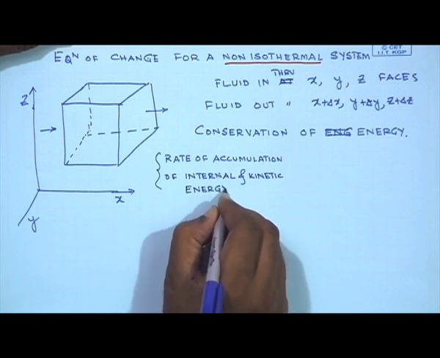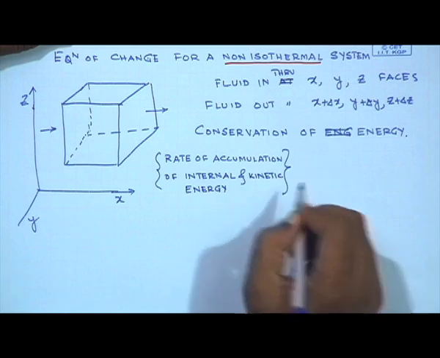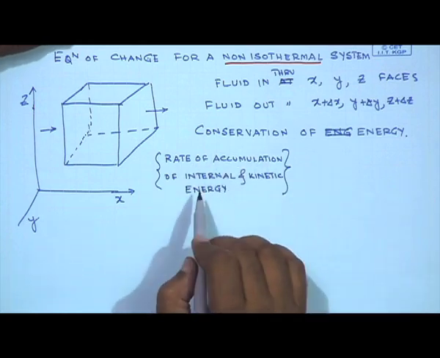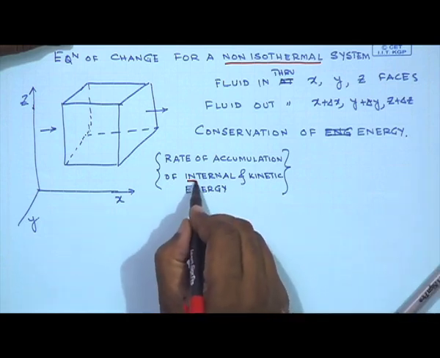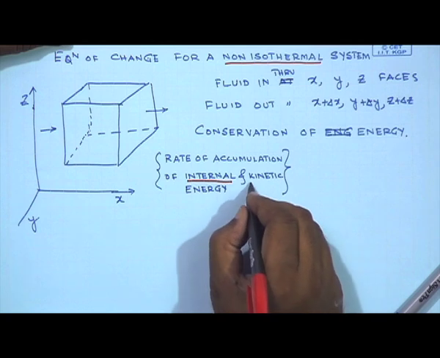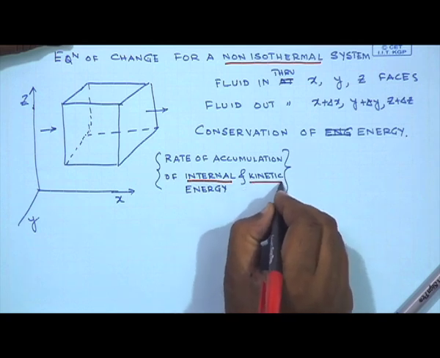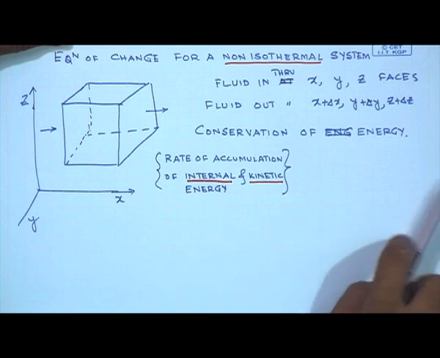So this is the rate of accumulation of energy, and note that I have not only taken into account internal energy, I am also going to consider the kinetic energy of the system.